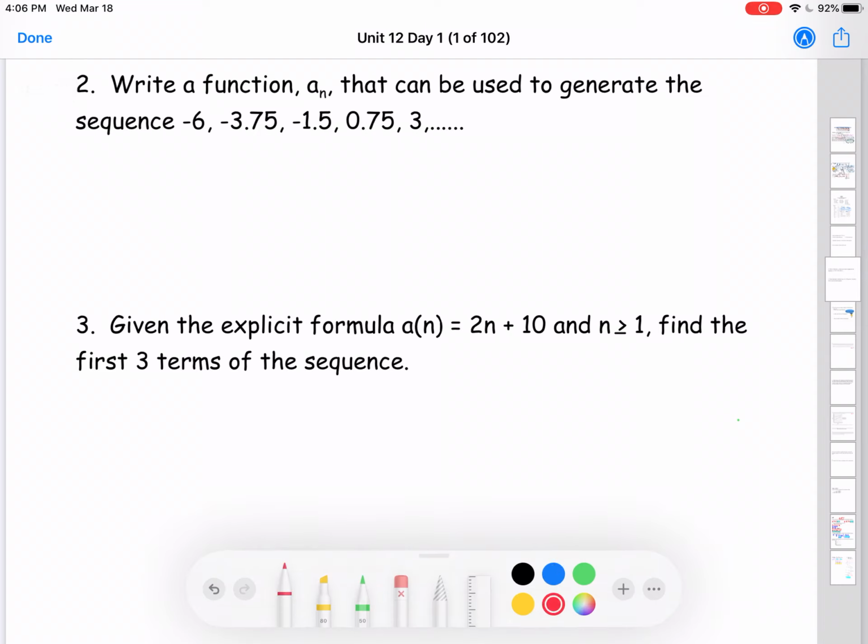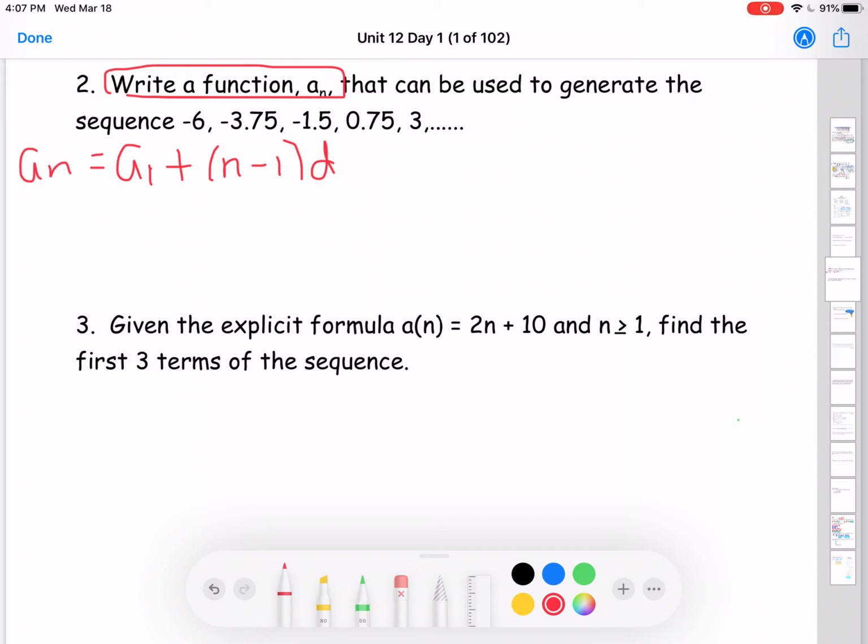Okay, so if I want you to write a function a sub n, that means that we're going to use the explicit formula for an arithmetic sequence on your reference sheet. And we're just going to replace n. Now this function or explicit formula, rule, model, remember you're going to have two variables in it.